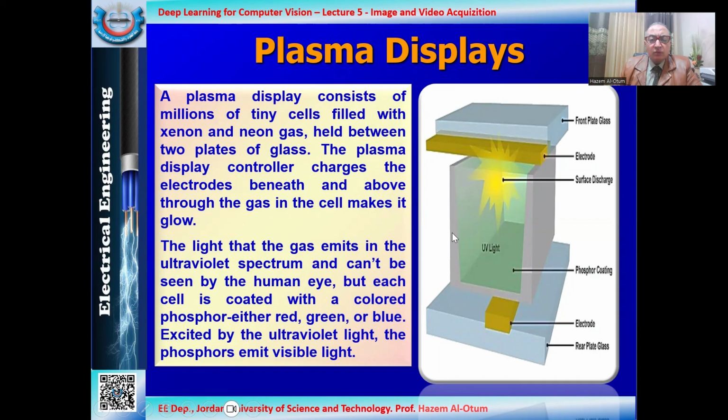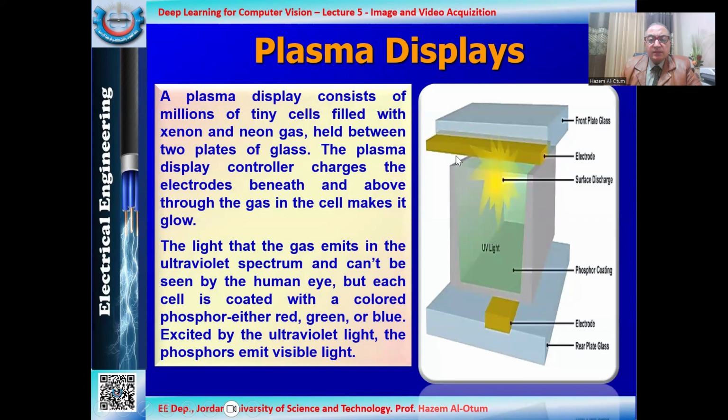The plasma display is an old one for digital display. Mainly it uses xenon or neon gas, and when you apply an electric signal or voltage to the gas between the two plates of glass, the plasma starts to light up, or shine, and the shining is captured by the front side of the device and produces light.